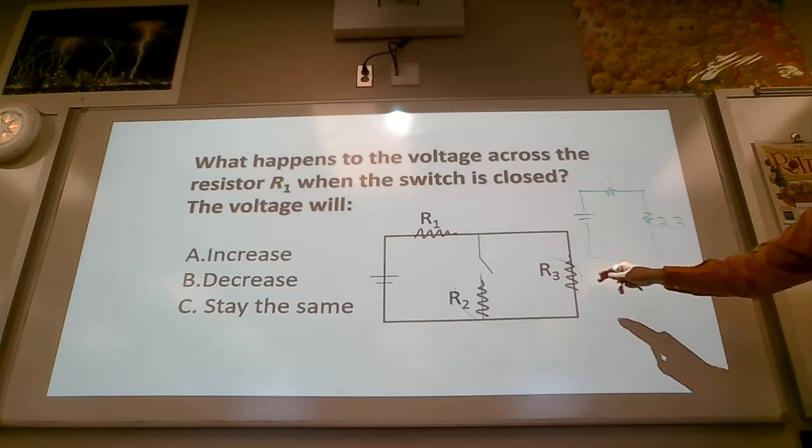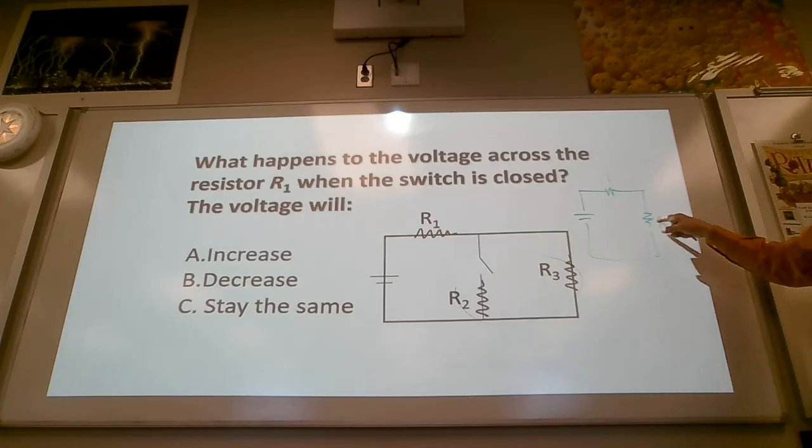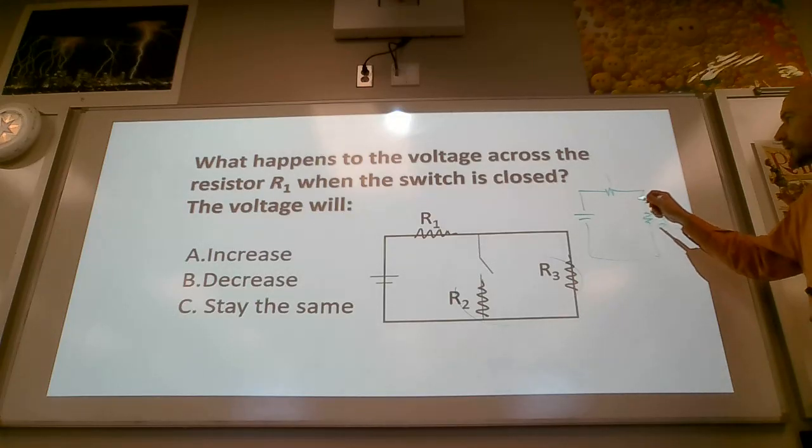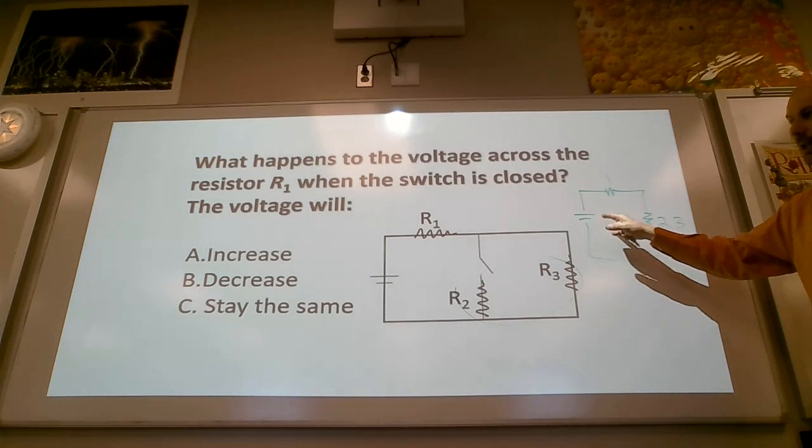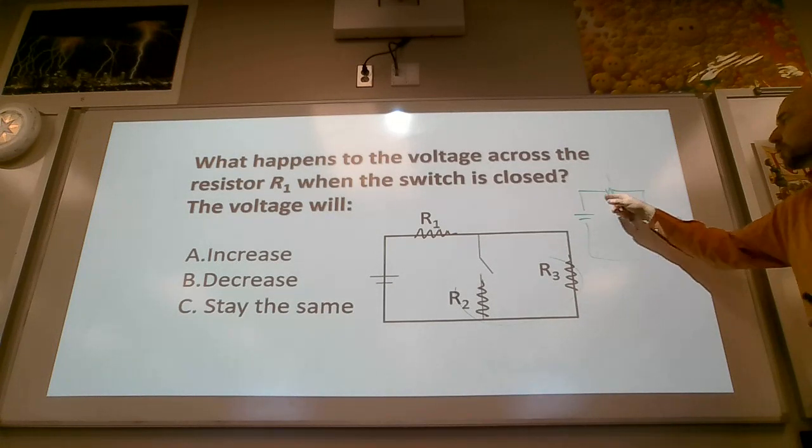When you close this, this is parallel. This reduces the resistance of that combined resistor. Okay, so the total resistance decreases. Voltage didn't change on the battery, so there's more current.